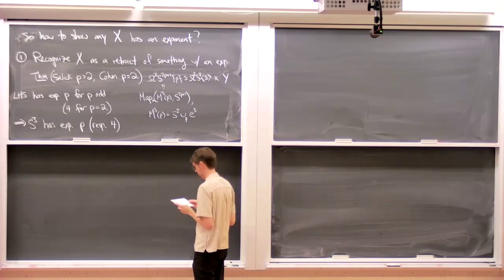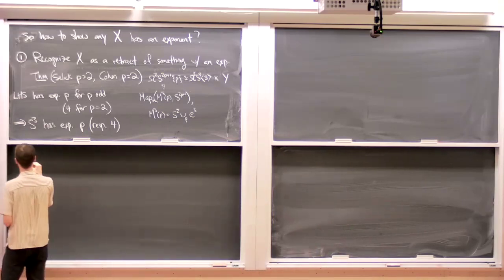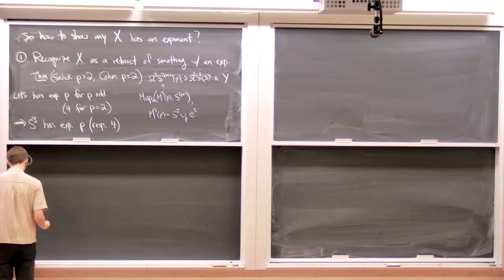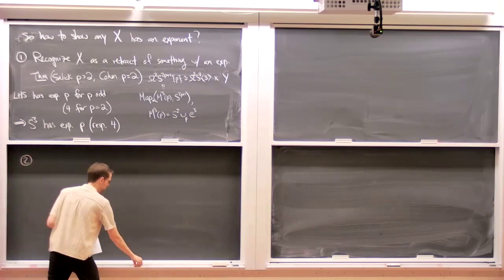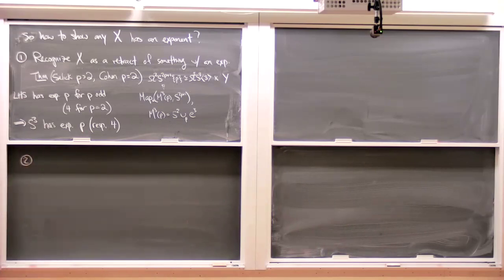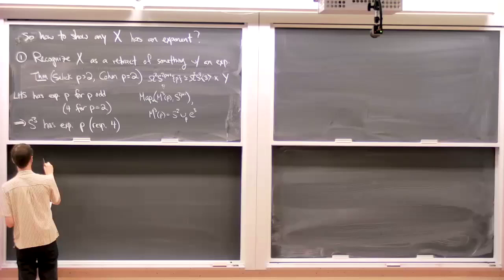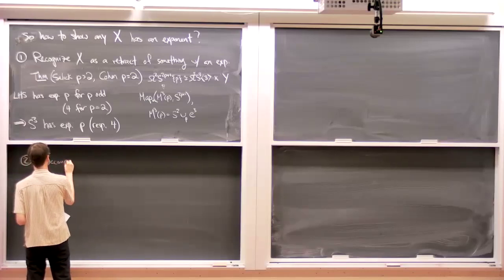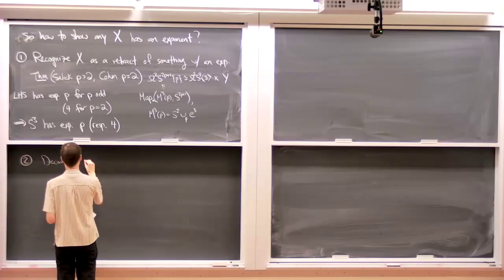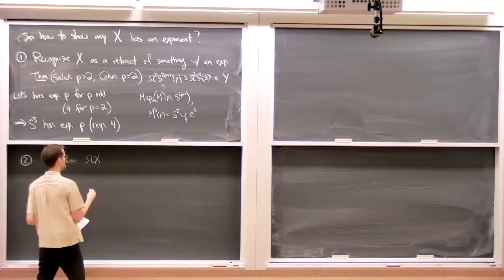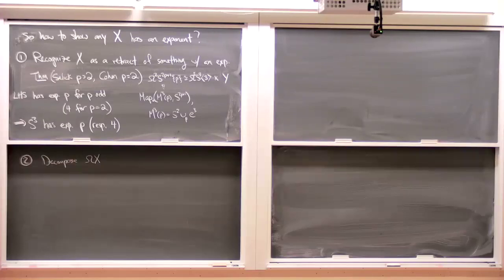Okay, there's method 1, and then rather than trying to see your space as a retract in some other space that has an exponent, you could take the space you're interested in, X, and you could try to decompose it. Say X is some indecomposable space.